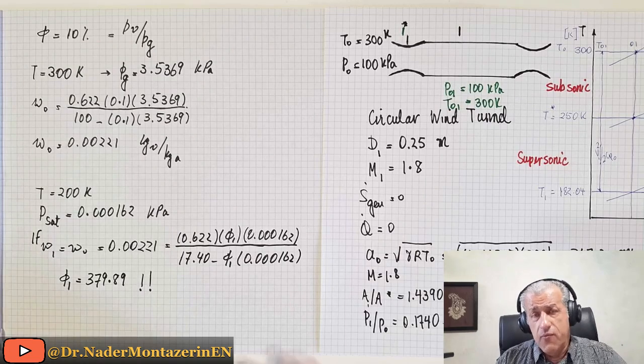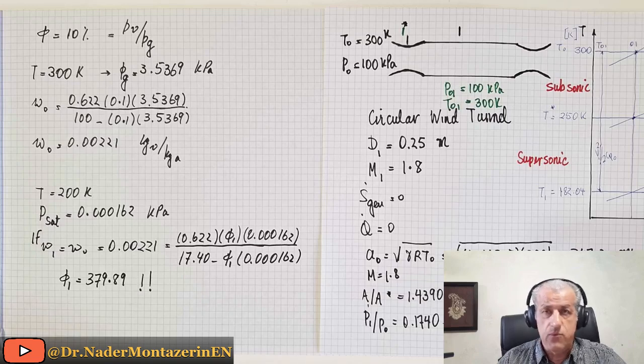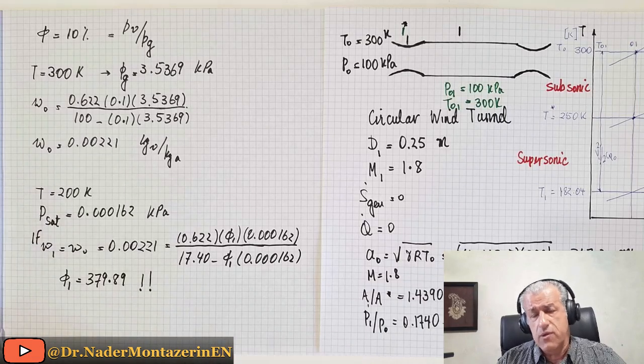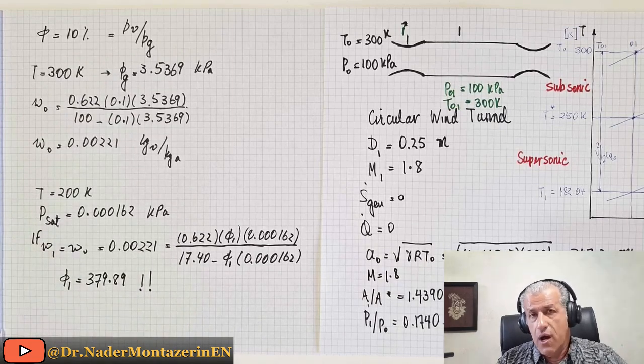I mean, for those who have seen a wind tunnel like this, that it draws just normal air from the ambient into it and speeds it up to speeds as high as 1.8. It's just exactly as if you have opened the tap water into the wind tunnel and there's loads of water flowing in the air. The condensation is so high.